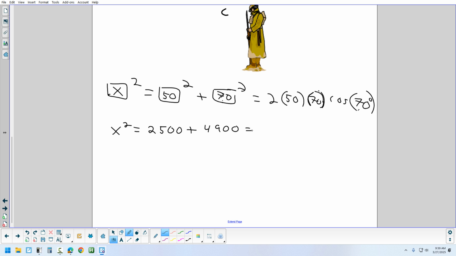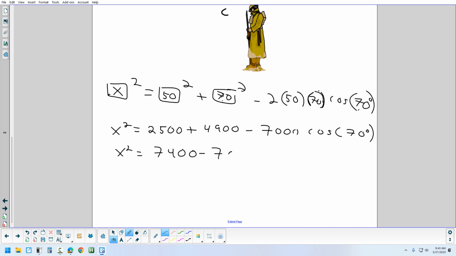What's 2 times 50? 100. What's 100 times 70? 7,000. Cosine 70. We got a little bit more we could do. What's 2,500 plus 4,900? 7,400.